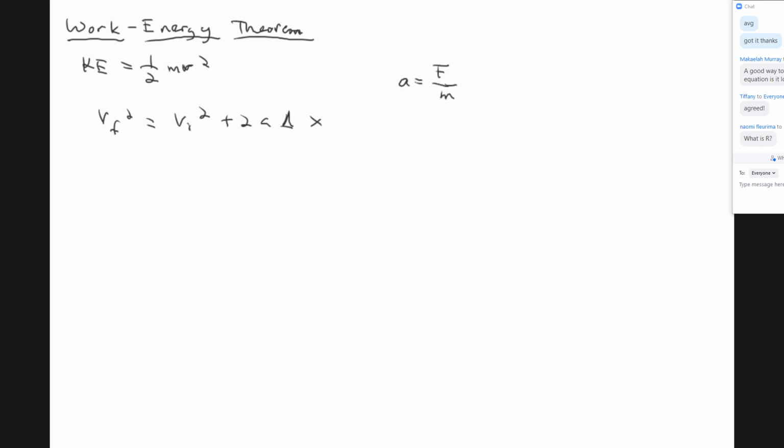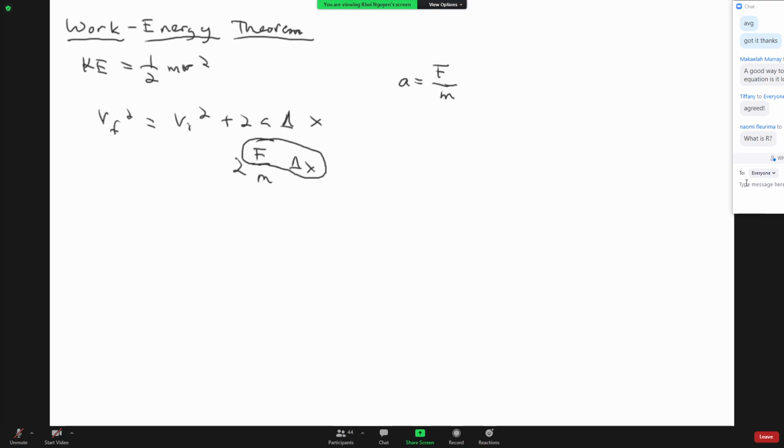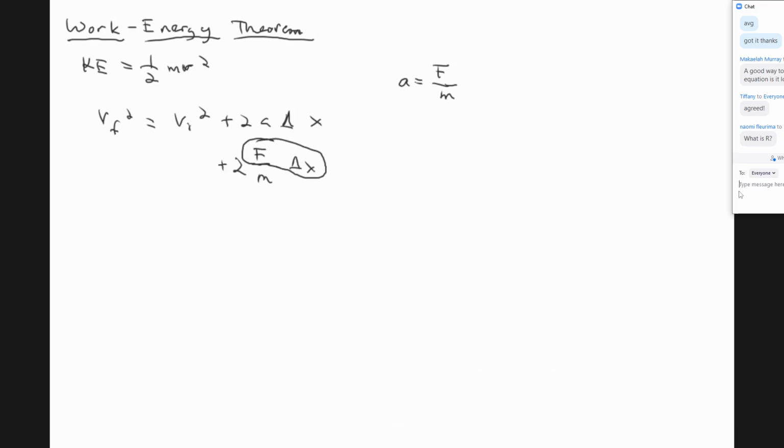So we substitute in for a, and we get force times the change in displacement. What is that? We learned that today. What's force times change in displacement? Work. Very good.